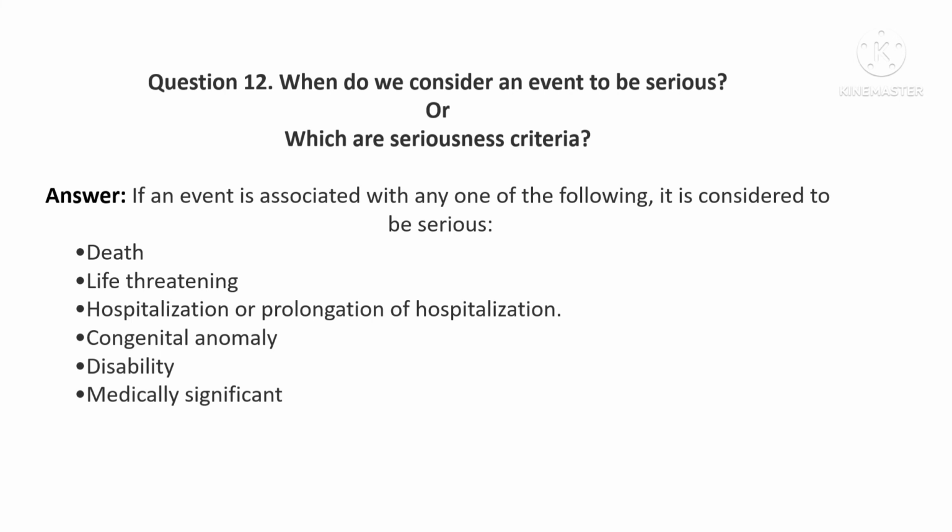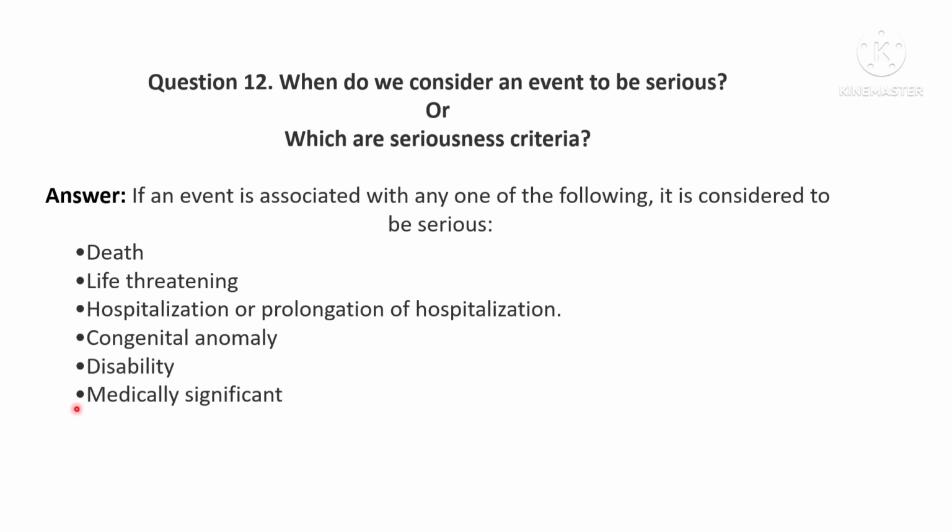When do we consider an event to be serious? The answer is, if an event is associated with any of the following, it is considered to be serious. Basically, there are two types of events reported in ICSRs: serious events and non-serious events. If related to any of these listed seriousness criteria, then the event is serious.